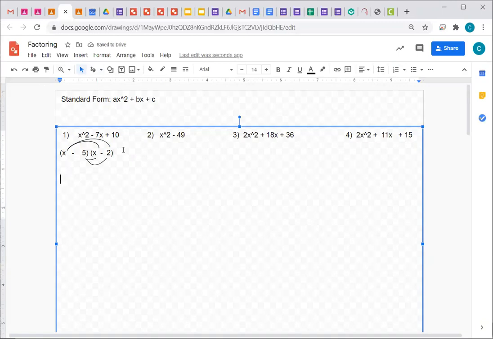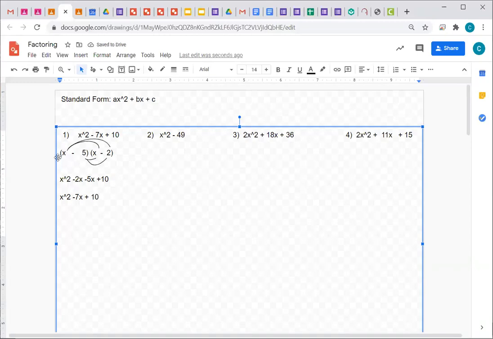So we get x times x is x squared. X times -2 is -2x. -5 times x is -5x. -5 times -2 is +10. And if we combine like terms, we get our original expression, x squared minus 7x plus 10.